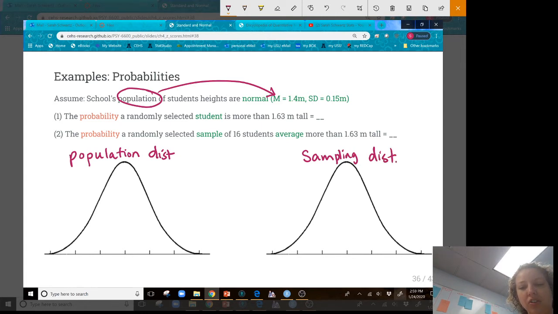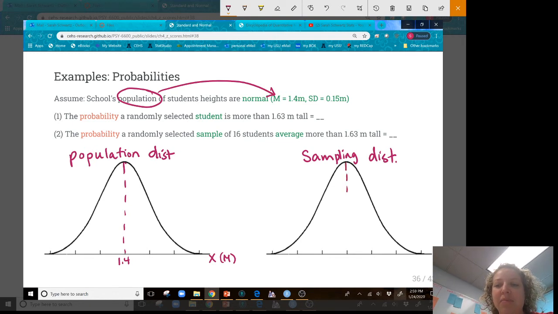Okay, so this is in terms of height. We're going to use the letter X in terms of meters for both of these. We know that the center is 1.4. Now, we said this before: the average of the averages is the average.